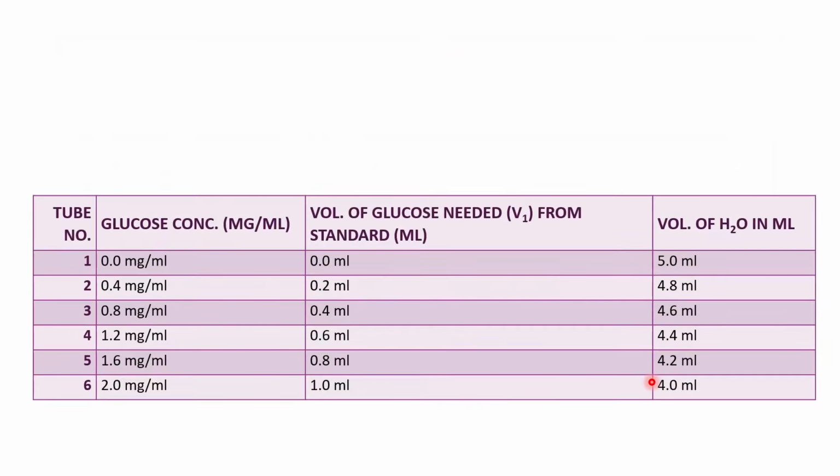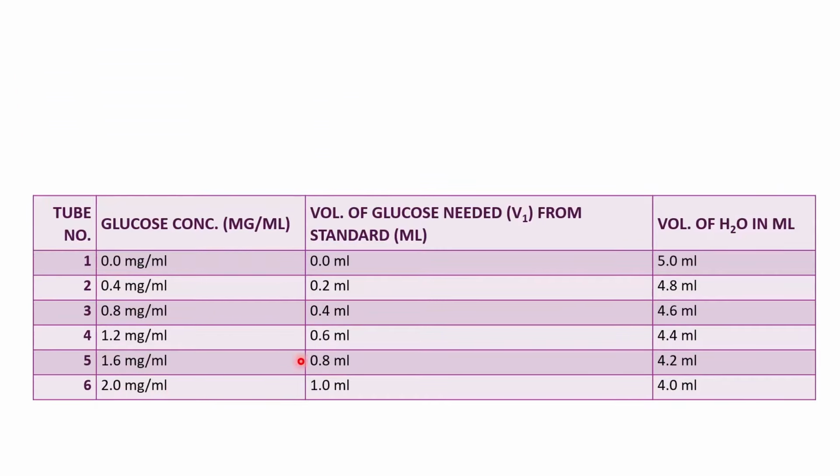This is just a table that I have made here to explain the calculations that I have done for you. We can see from the table that we have the tube numbers labeled 1 to 6 with the concentrations in milligrams per ml in each of the test tubes, from 0.0 to 2.0 milligrams per ml.